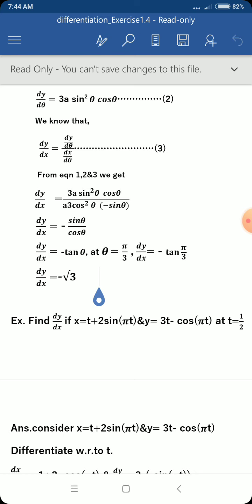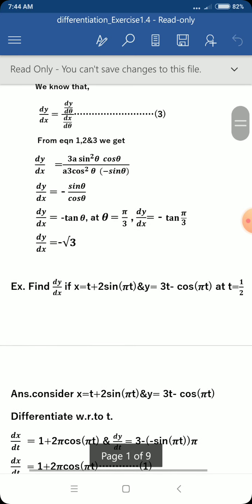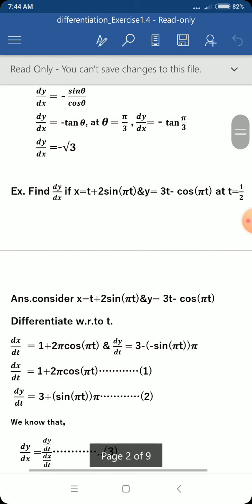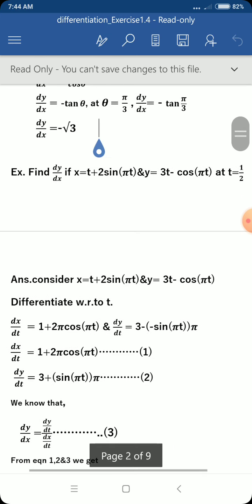Also, you know that the value of tan pi by 3, meaning tan of 60 degrees, is root 3. Therefore, we get dy by dx is equal to minus root 3. This is the answer for the first example: dy by dx is equal to minus root 3.